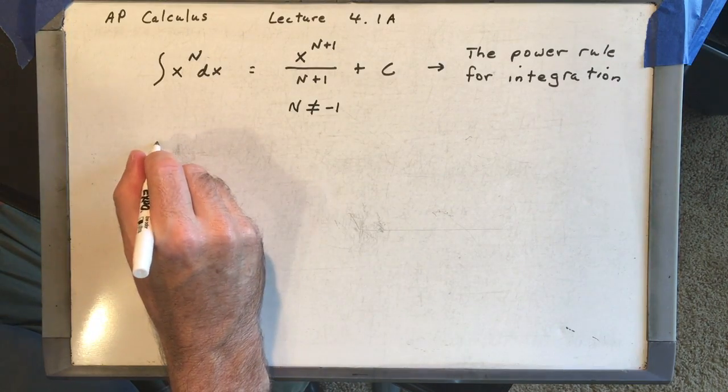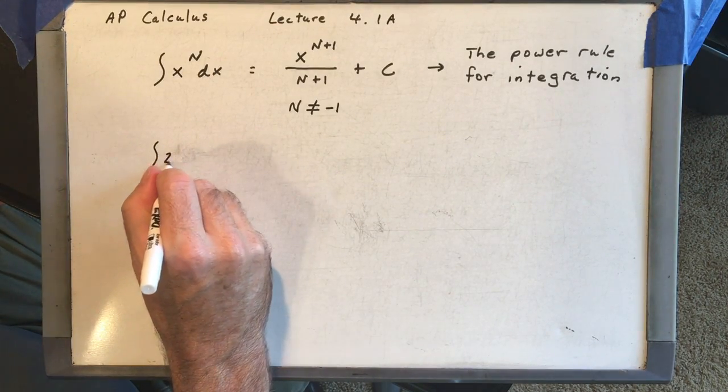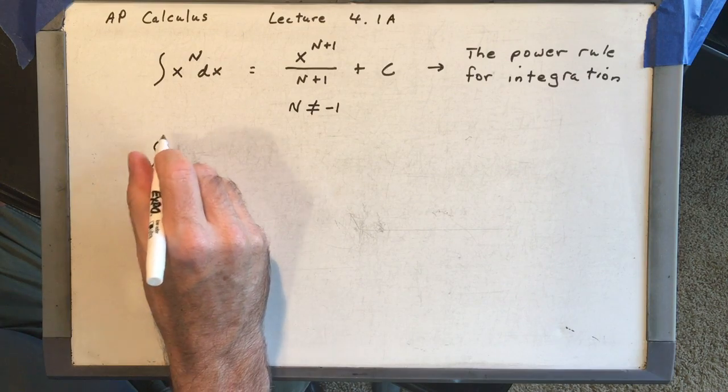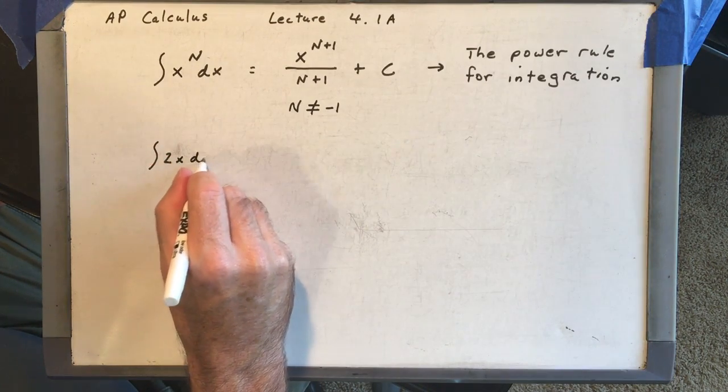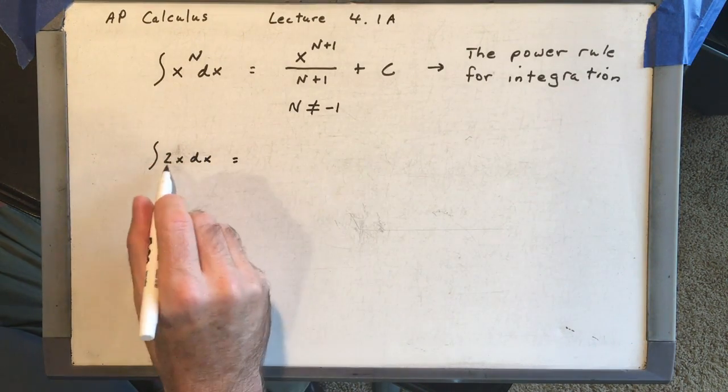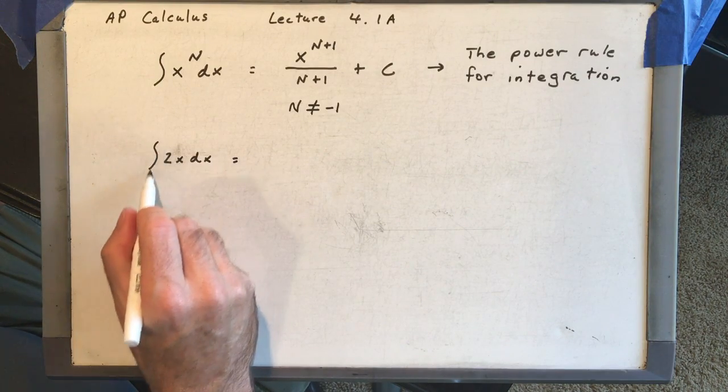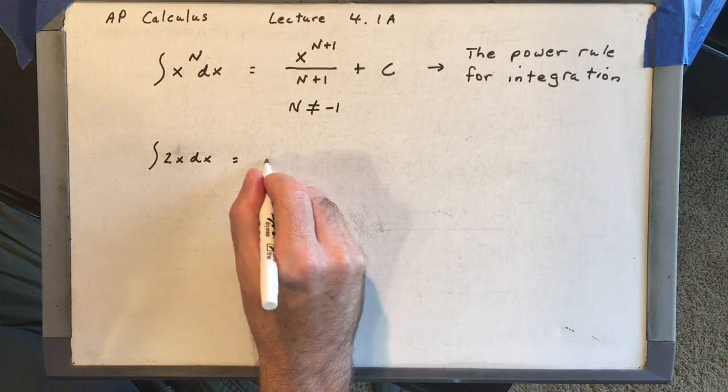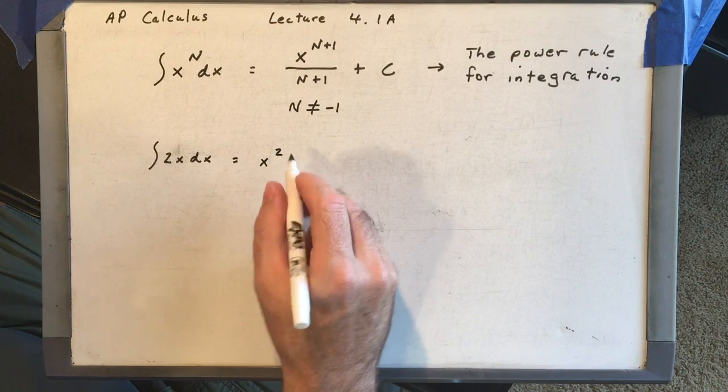Okay, so let's do an easy example. Let's say you're given the skinny symbol, that integral, 2x dx. That's just saying take the antiderivative of 2x. Well, that's x squared, and then plus c.